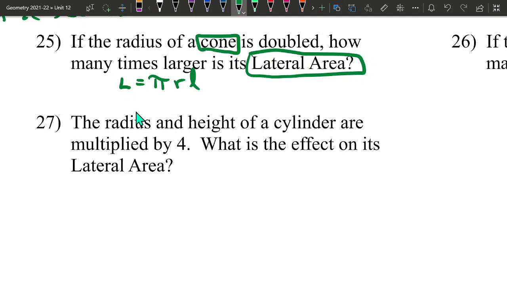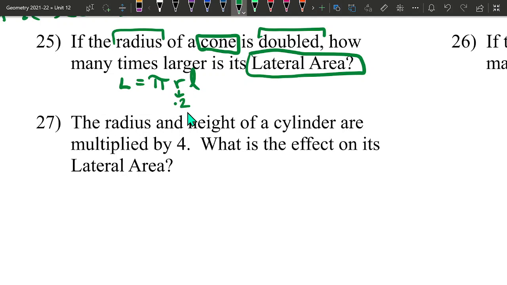And then it says if the radius is doubled. Well, doubled means times 2. So if I take the radius and I say times 2, how many times larger is its lateral area?